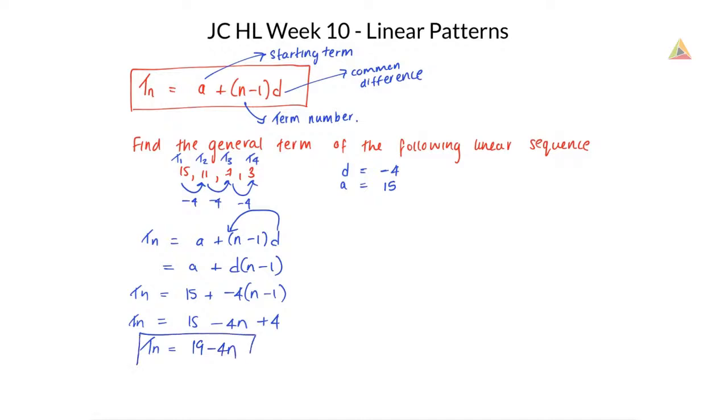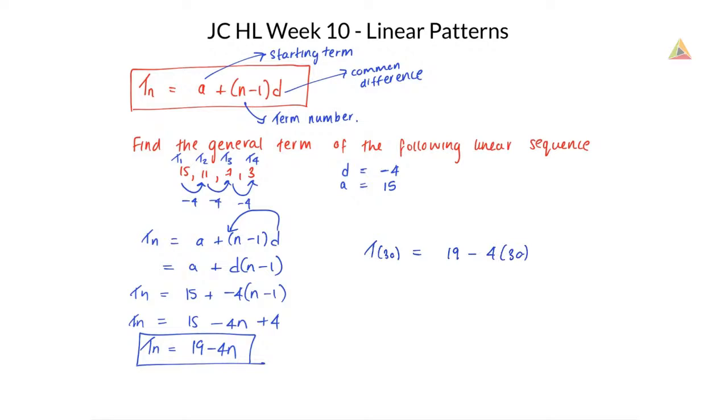Now what that means is if I wanted to get, we'll say, the 30th term, so we have the first 4 terms, I wouldn't have to keep going till I get T30. I could literally just plug it in here. So T30 would be 19 minus 4 by 30.